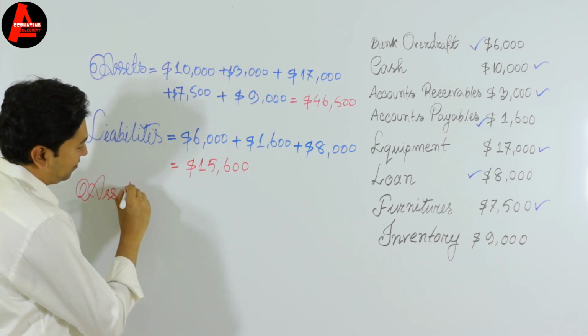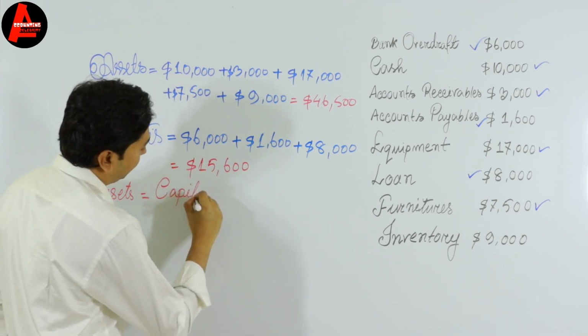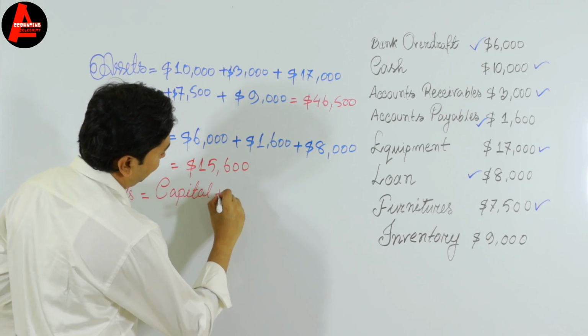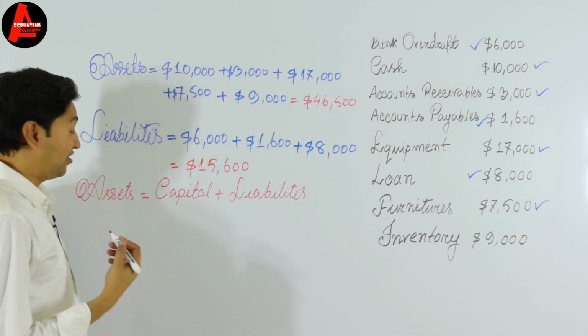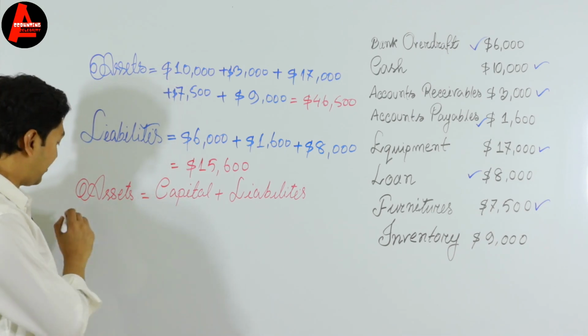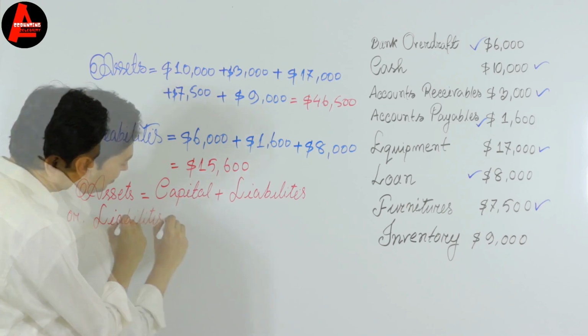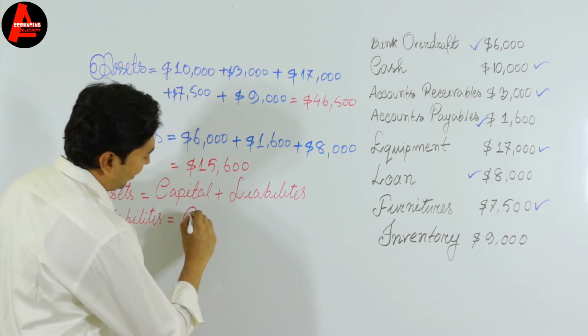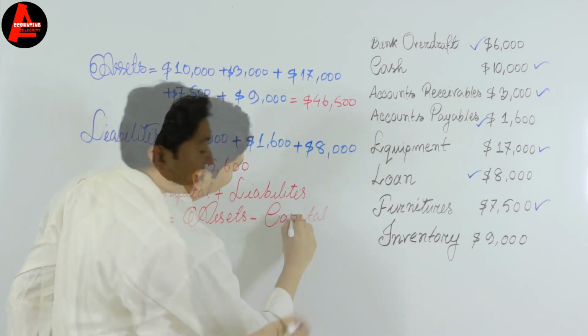Assets equal to capital plus liabilities. So we also can say liabilities equal to what? Assets minus capital. Same thing.